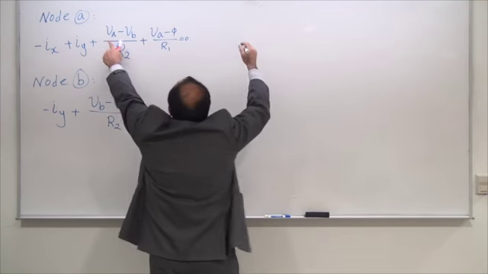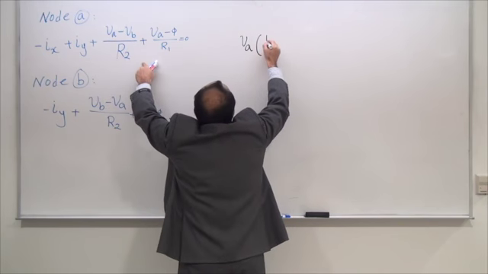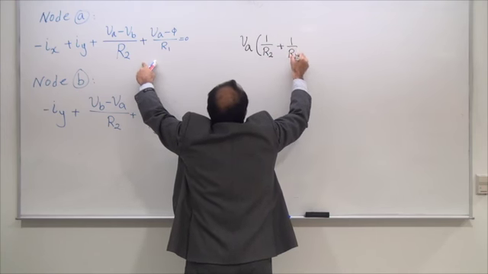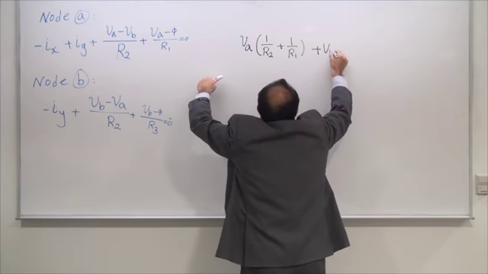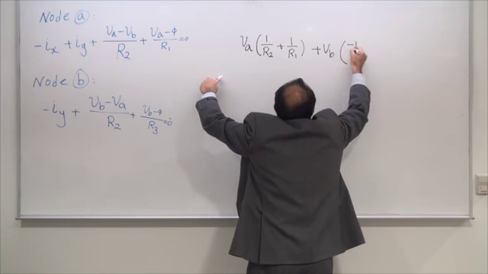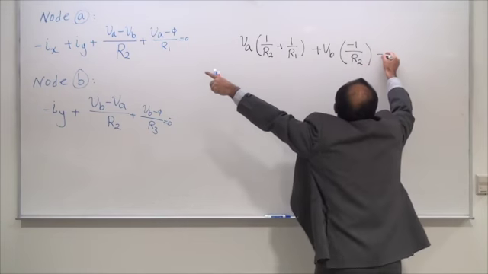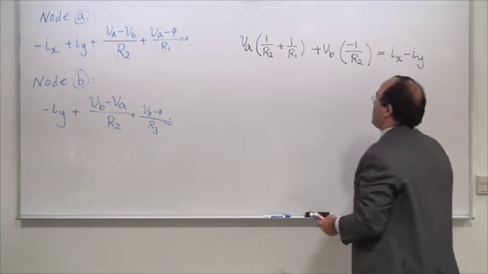For example, I'm going to say VA is my unknown. I have 1 over R2 and I have 1 over R1. Then I have VB. Intentionally I'm going to say VB though, but I'm going to have minus 1 over R2. And then Ix and Iy are known to me, so it's going to be Ix minus Iy, and I'm done.